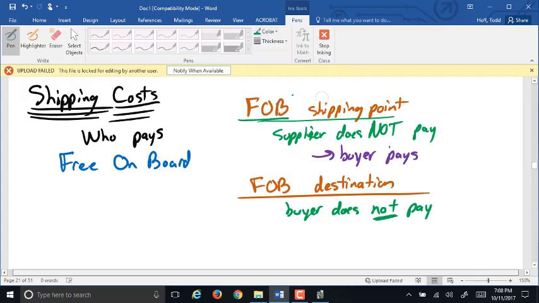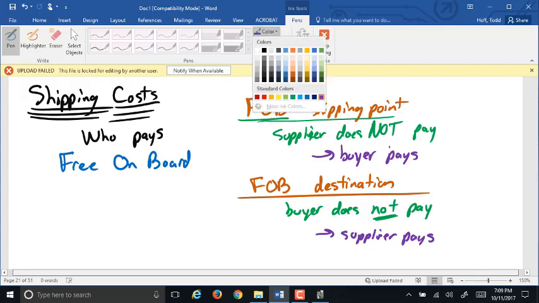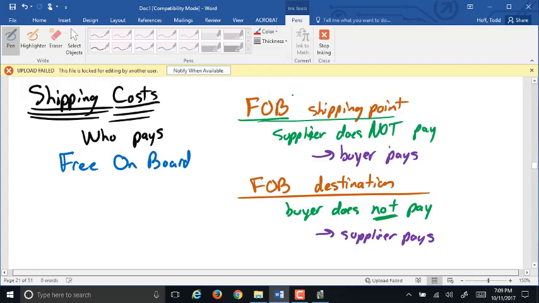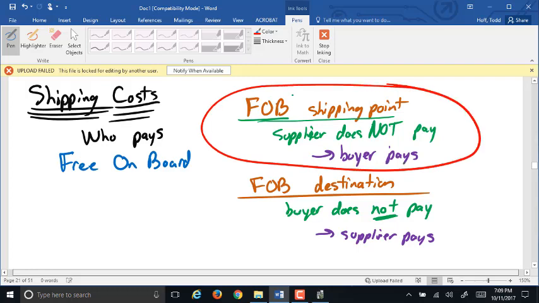In other words, the seller pays, supplier pays. If not otherwise listed, both are FOB, free on board, yes. If it is not otherwise listed, we assume that the buyer is going to pay the freight.